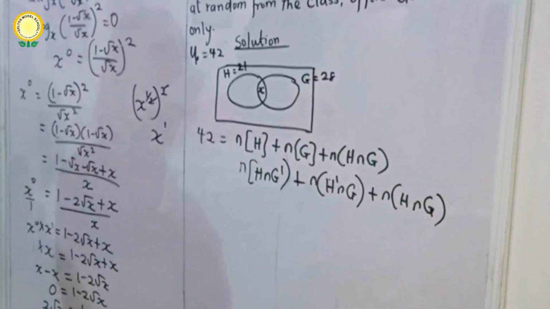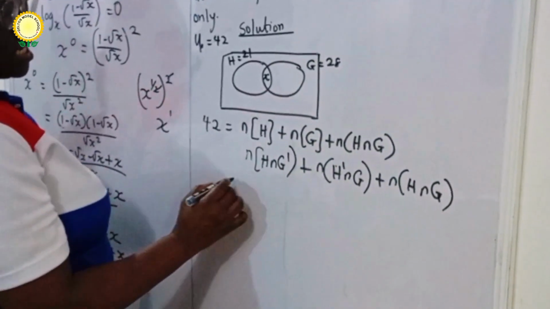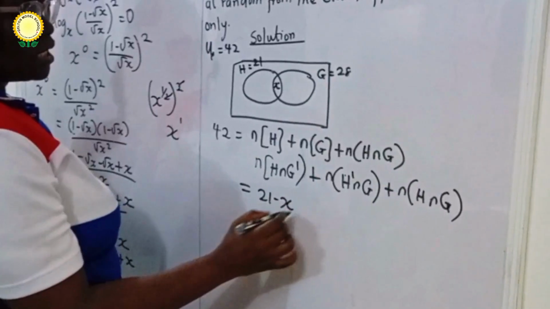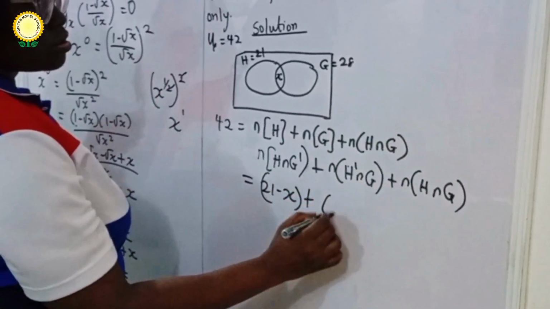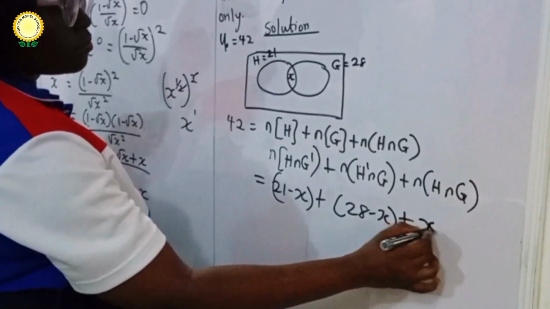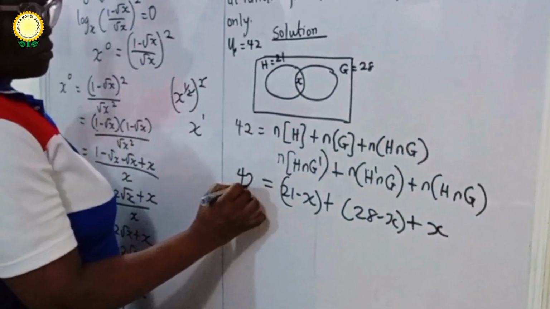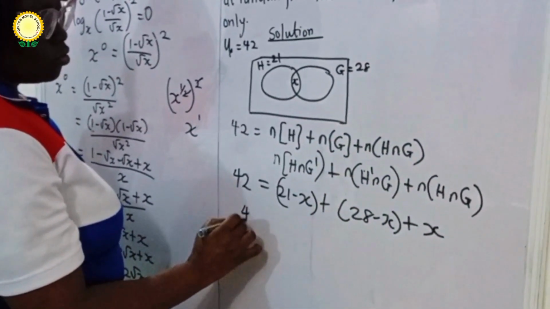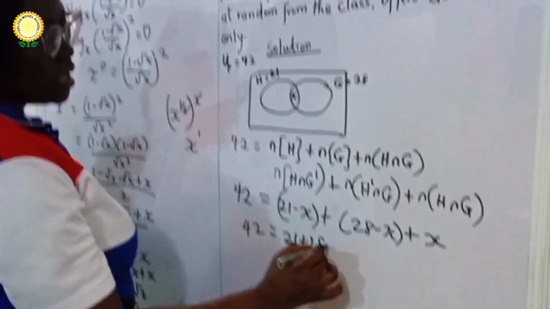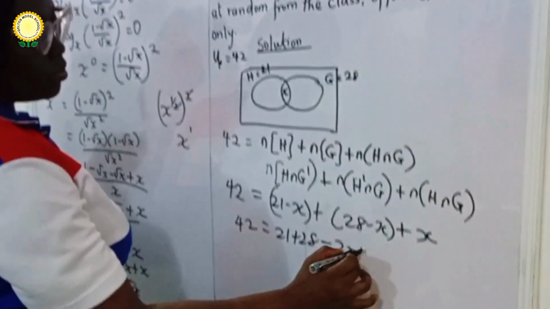Is that okay? So to find that, we would say 21 minus x, 21 minus government alone, plus those that are offering both. So we have 42 equals 21 plus 28 minus 2x plus x.